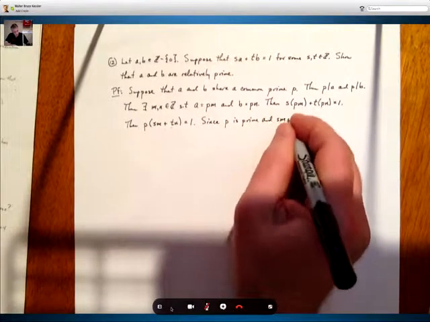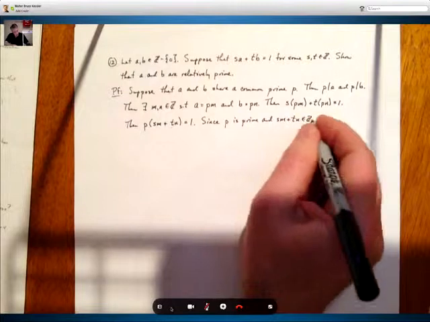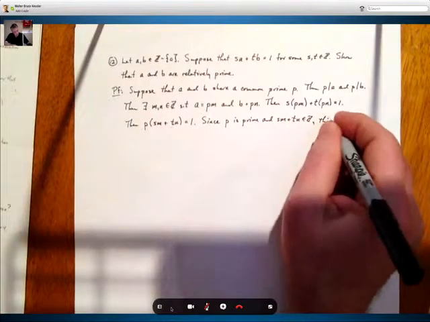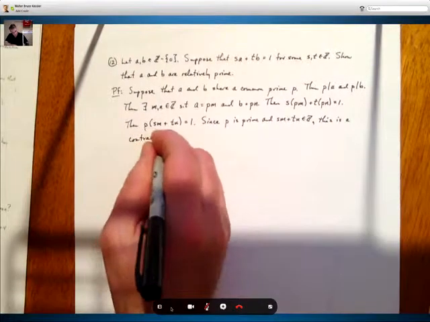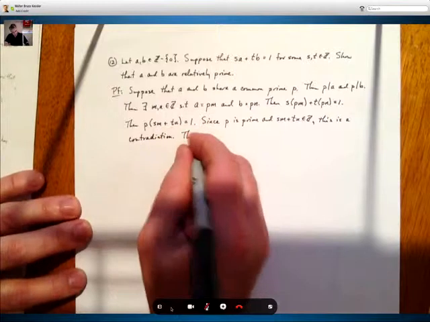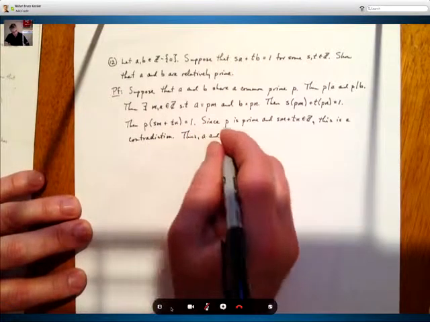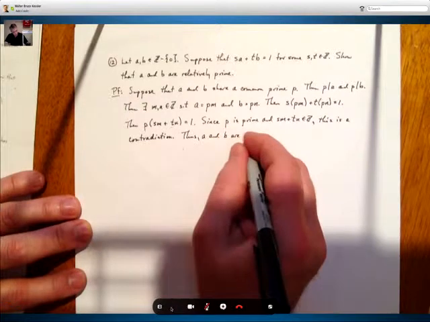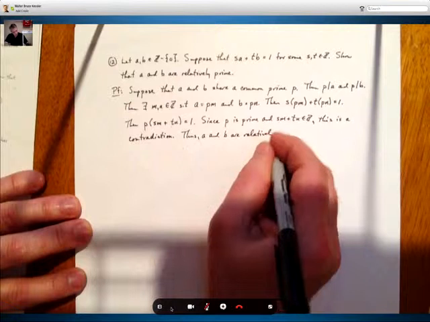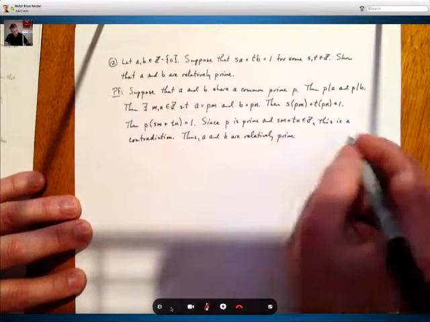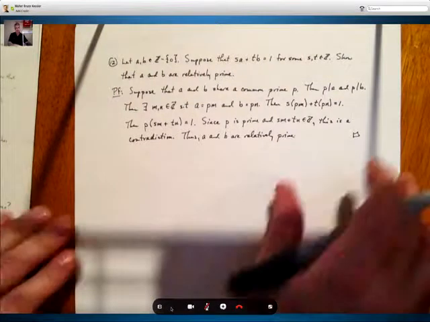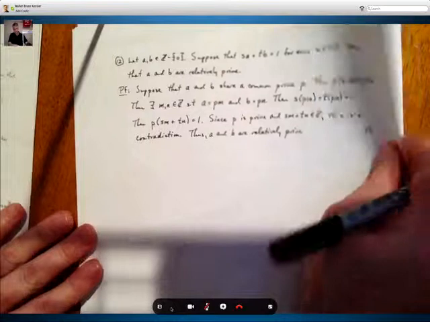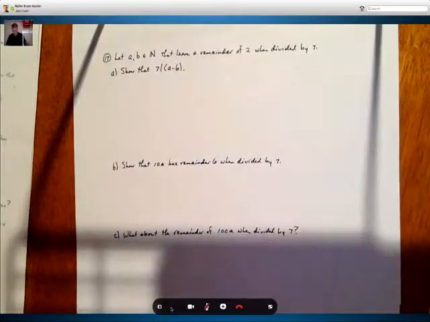Since P is prime and Sm plus Tn is an integer, this is a contradiction. Thus, A and B are relatively prime. Okay. All right. Getting closer.